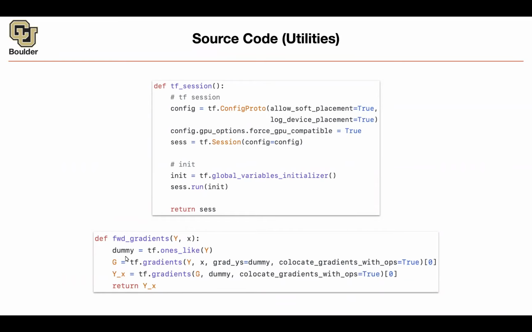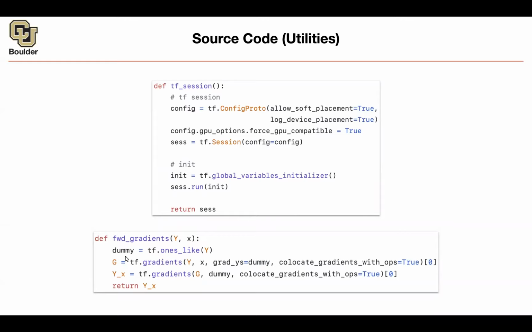We know that backpropagation is useful when you have maybe a loss function, which is only one output variable, and a lot of input variables like your weights and biases. So that's useful in that case, because in one shot, you're going to get the gradient with respect to every single parameter in your model.